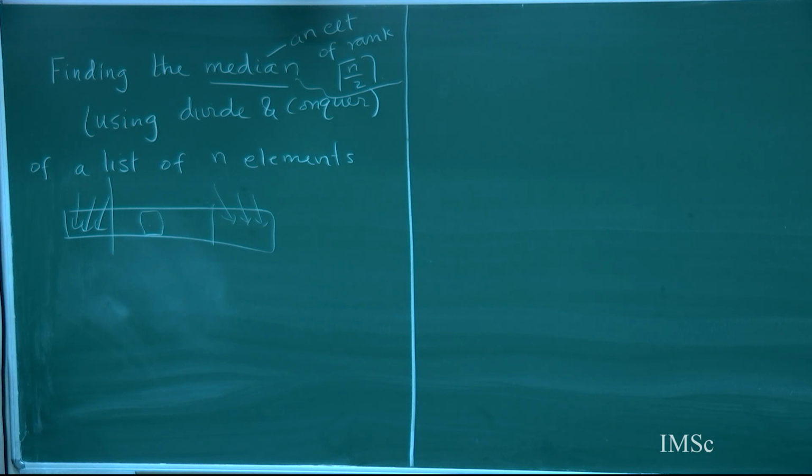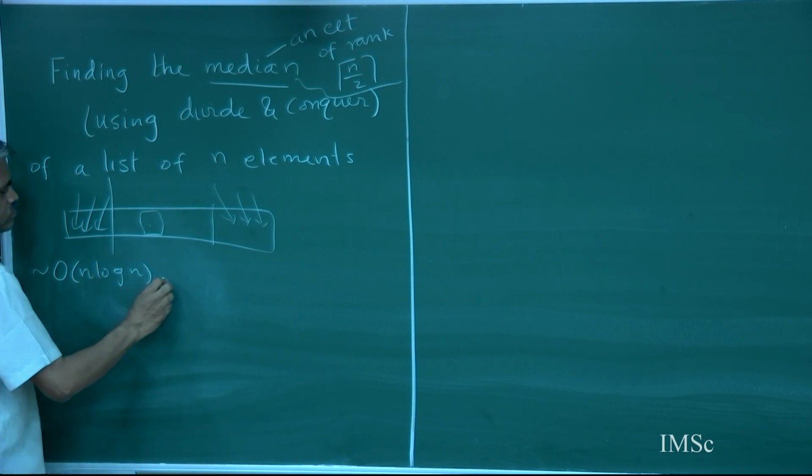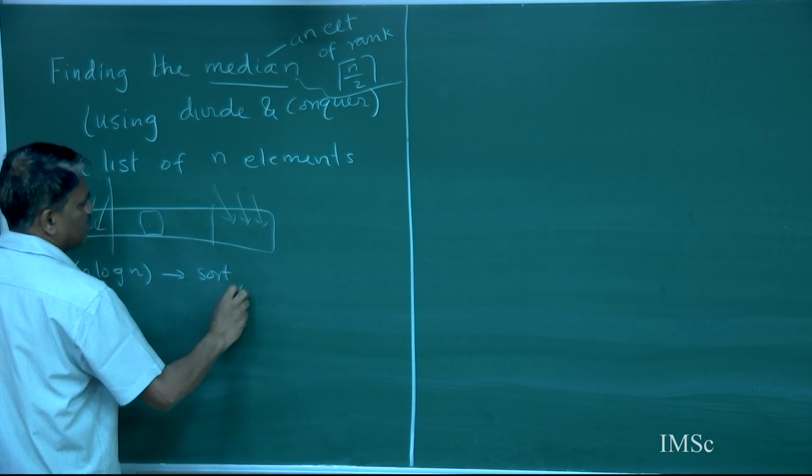You want to find the median of a list of numbers. What is the best you can do? So one algorithm is to sort the array and pick the middle element, but you're actually doing more than what is required. But anyway, so you have an n log n algorithm. Okay. Sort, pick the middle.